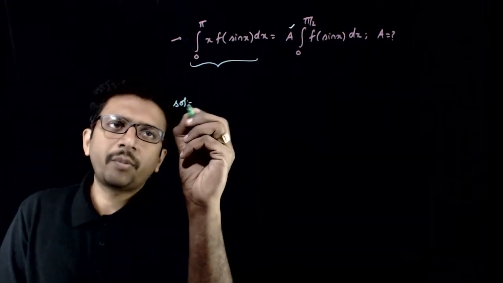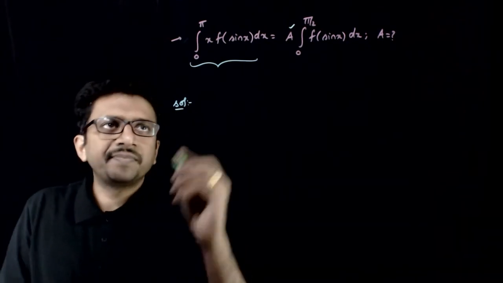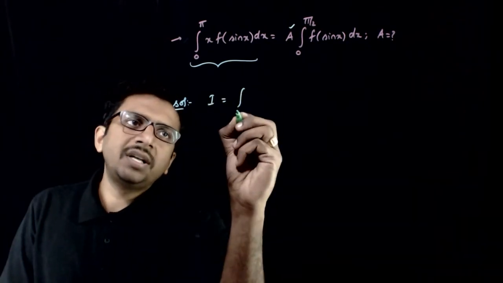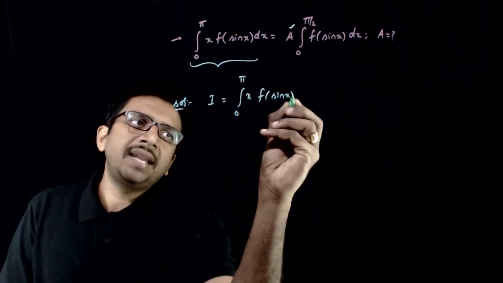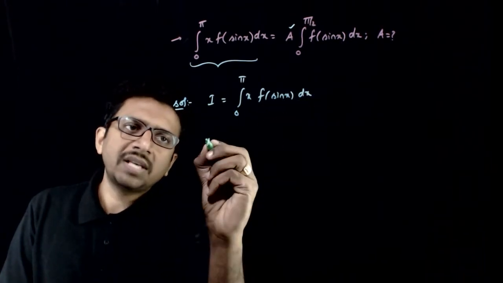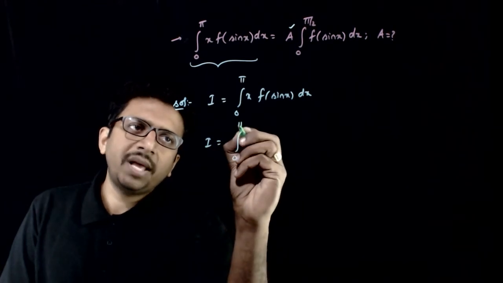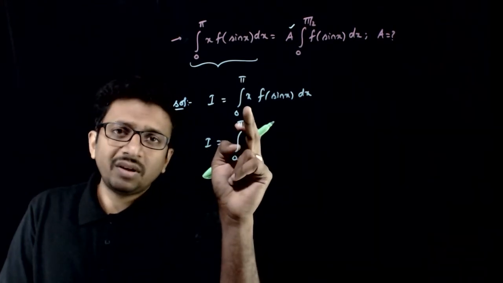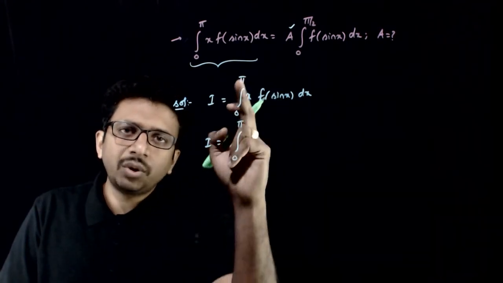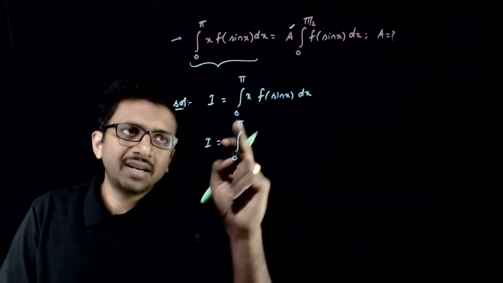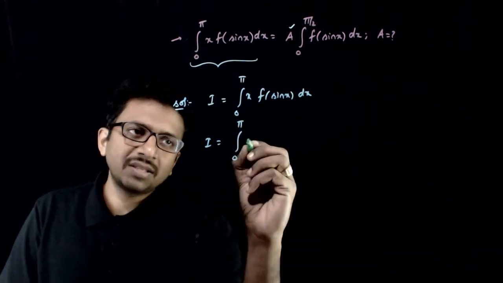So let us use our properties of definite integrals. Let I be equal to the integration from 0 to pi of x into f of sin x dx. Now this I is also equal to the integration from 0 to pi. The property says that the integral from 0 to a of f of x dx is the same as the integral from 0 to a of f of a minus x dx. That is, I can put pi minus x in the place of x.